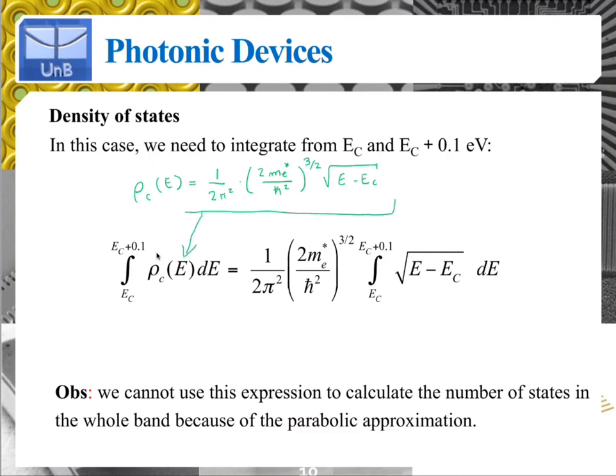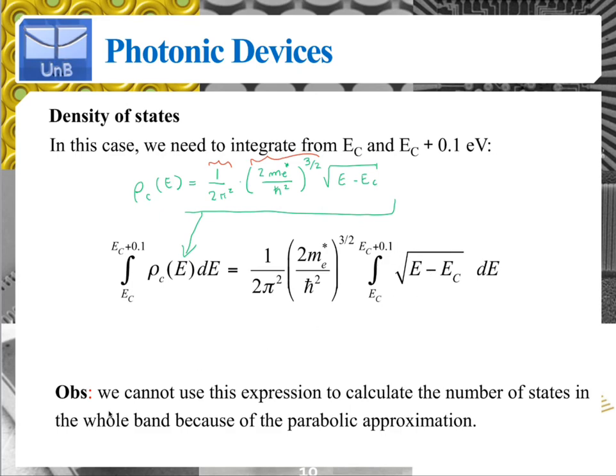If we plug this in here, these two constants can be taken out of the integral, so they will remain outside. And you have basically the integral of the square root of E minus EC over the given range.